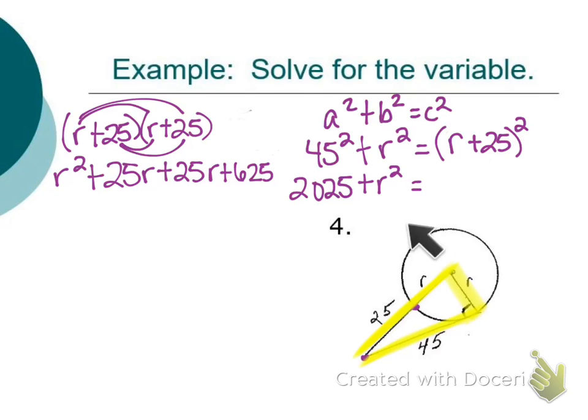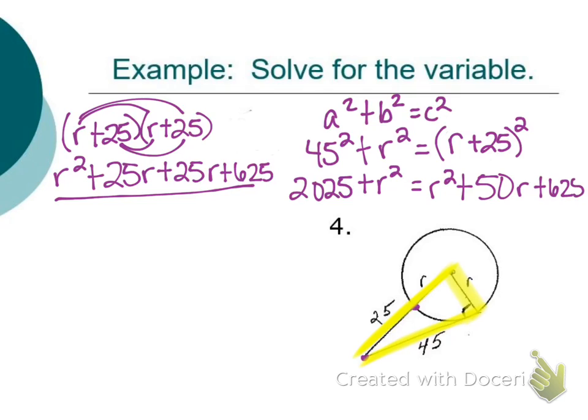When we go to write that over here, we're going to go ahead and combine like terms from what we've got right here. So R squared plus 50R plus 625. Now, I need to get any R's on the same side.